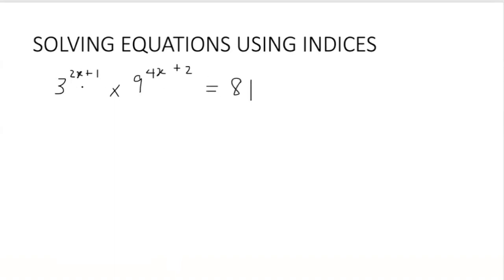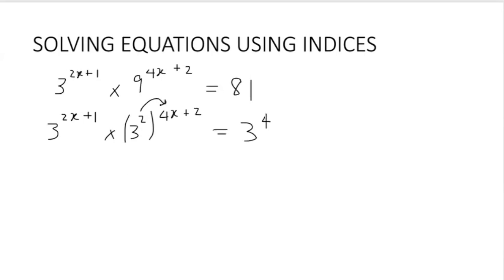In this case, I cannot divide by 3 because of these complex powers, but I can get the bases to be the same because we know 9. Can you guess what 9 is in indices form? I'm hoping that you're able to say 9 is the same thing as 3 squared. And then we have the 4x plus 2. And 81 is 3 to the 4th.